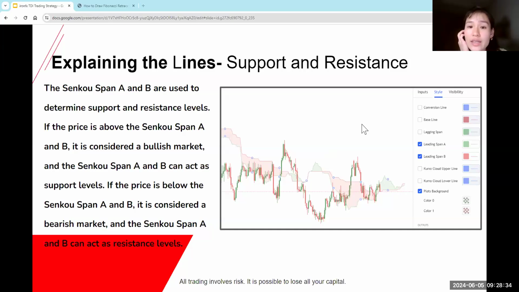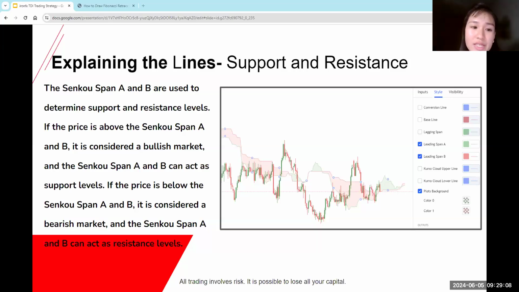And next, we're going to look at the support and resistance. Again, you can use this to support your graphical levels for your support and resistance, and to identify any entry points, exit points, take profit levels, and so on. For the Senkou span A and B, here we are using the green and the red lines. These are used to determine your support and resistance levels, and these basically outline your cloud.